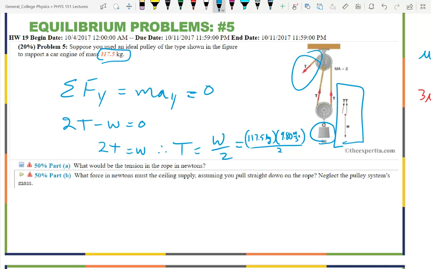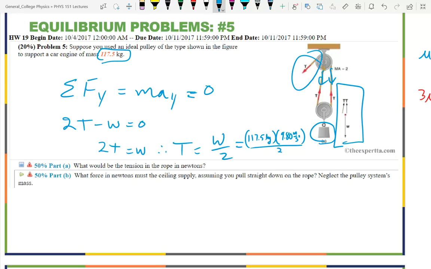If it was an angle of 45 degrees, I would have to take the vertical component of that, plus, of course, those 2 tensions pulling down to get the total. Once again, for the purposes of general physics, we assume that you're actually pulling straight down. And so you would have 3 tensions pulling down, so the ceiling would have to hold up 3 tensions.